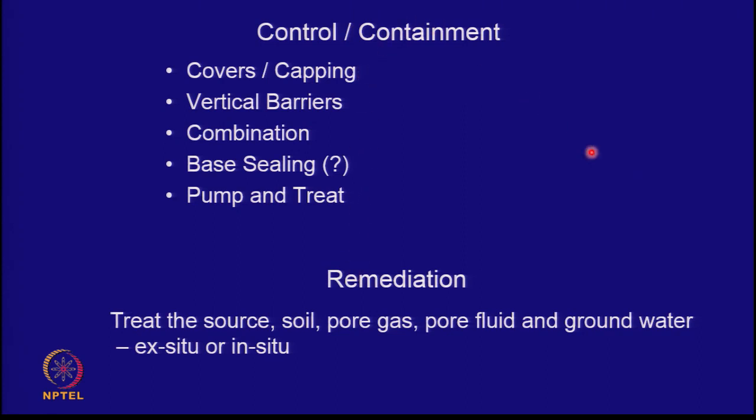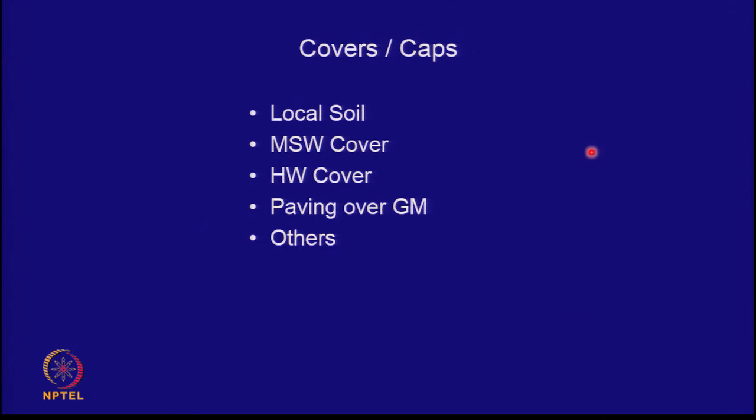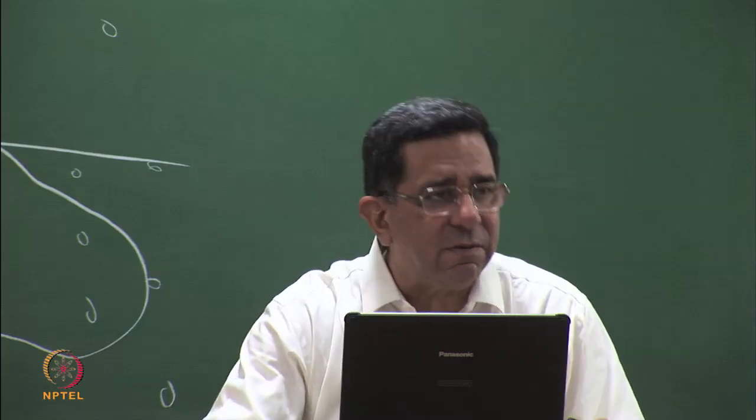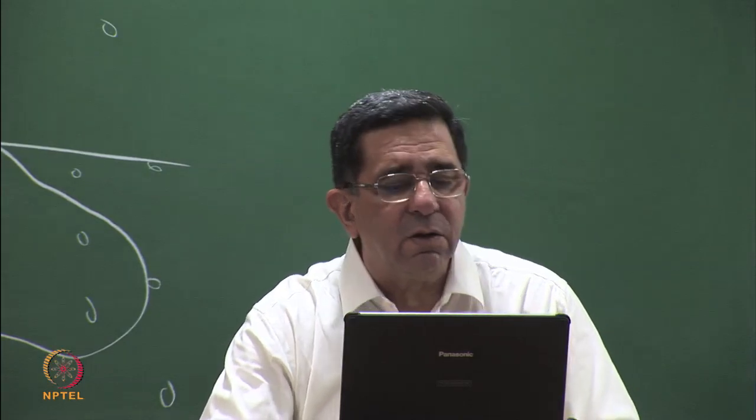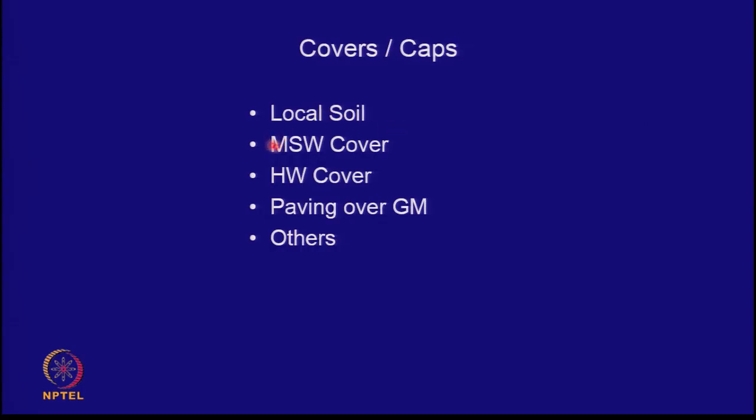So let's first come to control. Control is very similar to the covers that we have done. You can have local soil cover, you can have municipal solid waste cover, you can have hazardous cover, or you can have paving over geomembranes and others. The most often adopted cover as a solution is the hazardous waste cover.